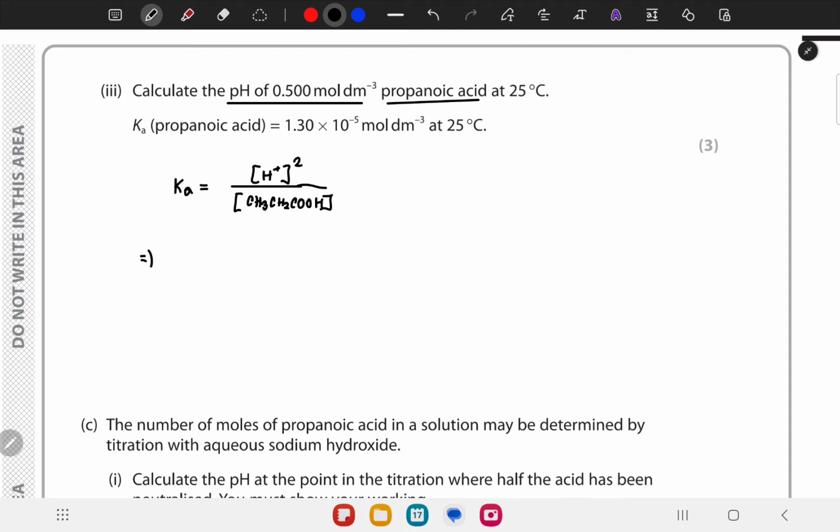The value of Ka here is 1.30 times 10 to the power minus 5. The concentration of hydrogen ions is what we need to calculate, and the concentration of CH3CH2COOH is 0.5. Since this is a weak acid, the dissociation will be very small, so we can consider the concentration of propanoic acid to be the same initially and at equilibrium.